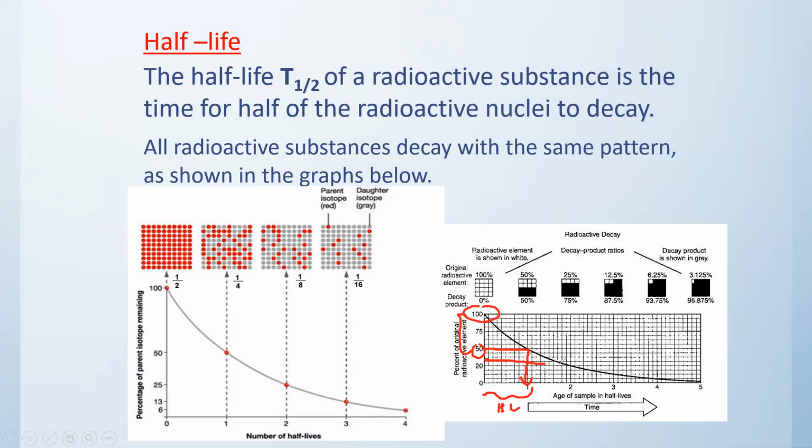So we'll draw a line from 25 and work out what the time is. So you can see 100% radioactive, then 50% radioactive, then 25%, then 12.5, 6.25, 3.125. So the amount of the sample which is radioactive will start to decrease.